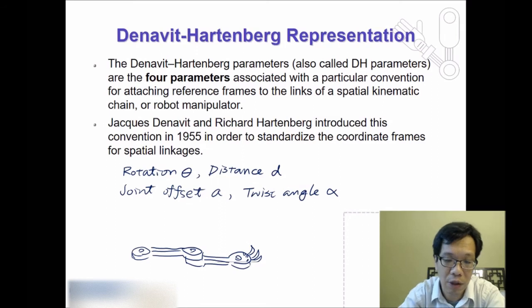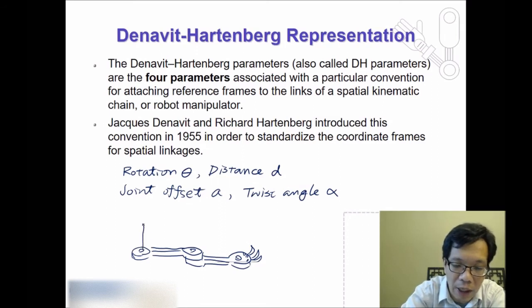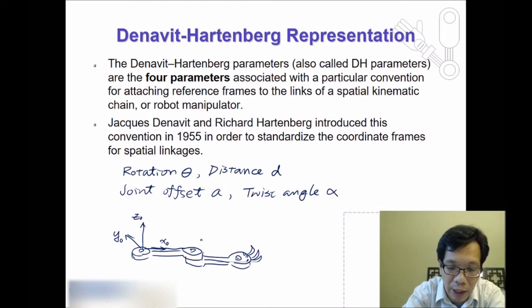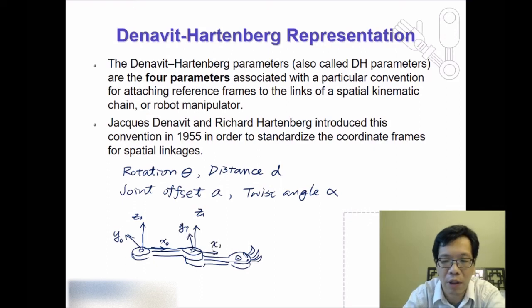So we might attach X, Y, and Z at the first joint. And we define the second joint over here, Z1, X1, and Y1 over here.